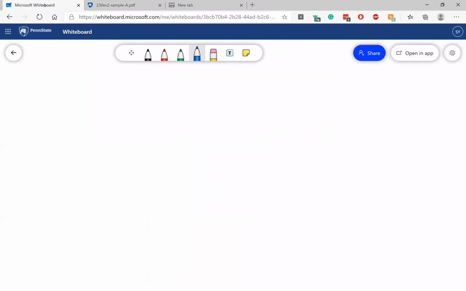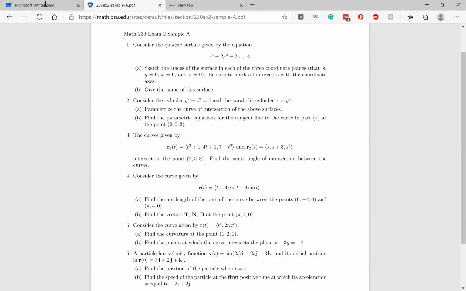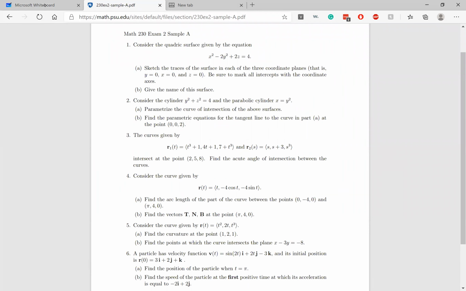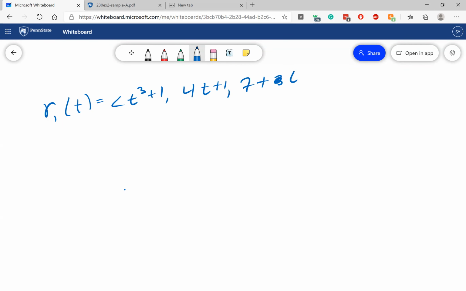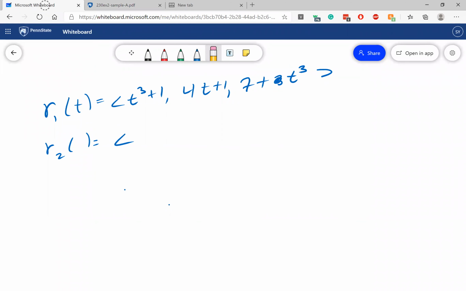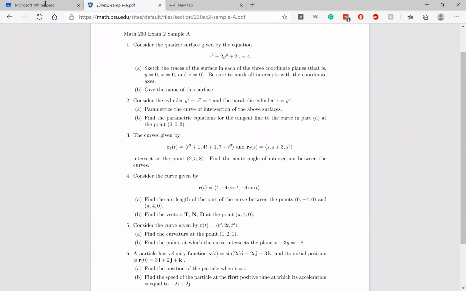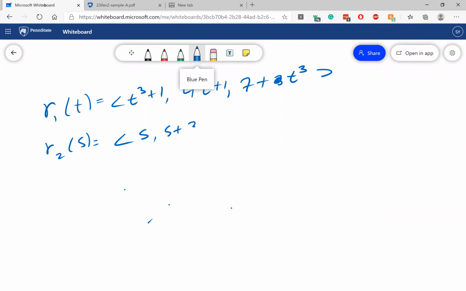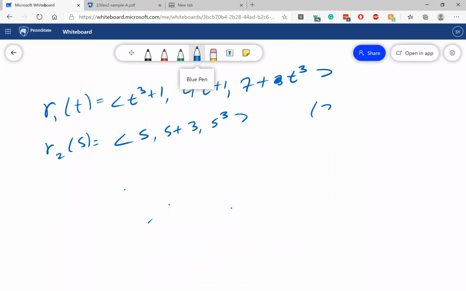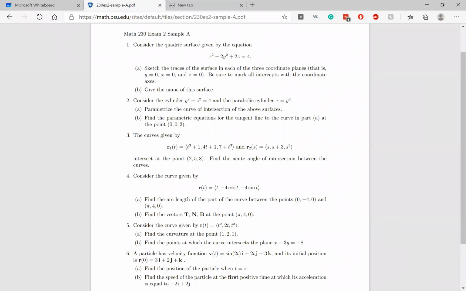So curve 1 is r1 of t equals (3t cubed plus 1, 4t plus 1, 7 plus t cubed). Then r2 of s is (s plus 3, s cubed).